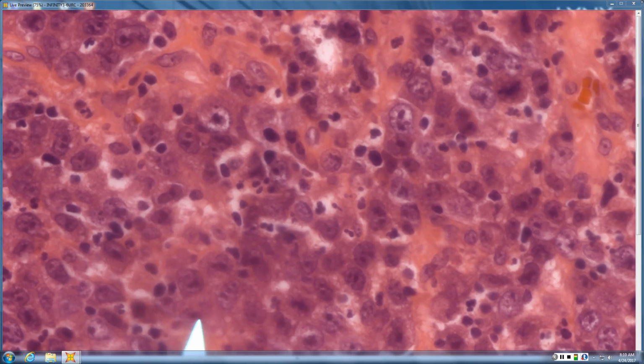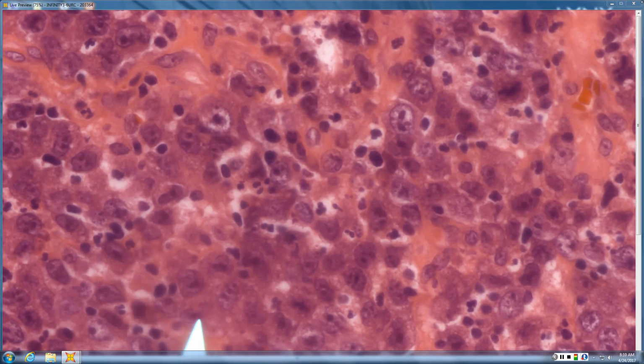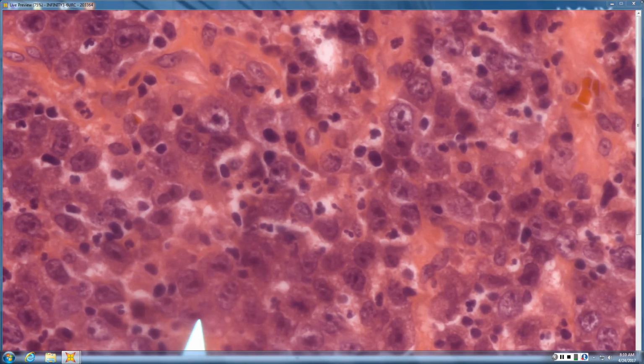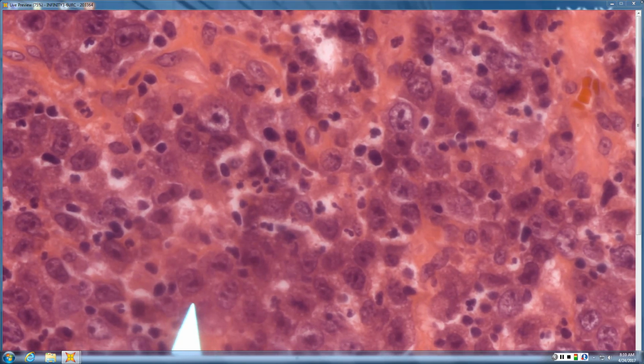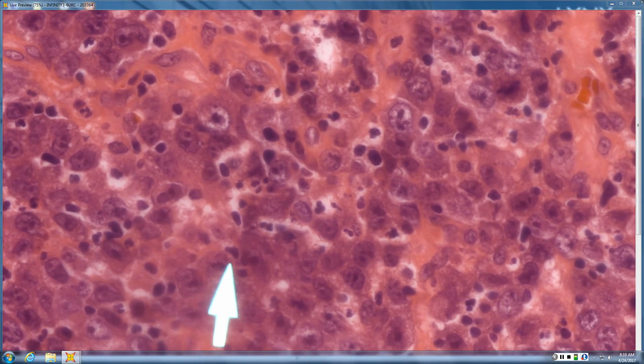The whole thing is gray all the way across. There's no white. The reason it becomes important is that large cell B-cell lymphomas tend to have a vesicular nucleus. This one has more gray chromatin and very prominent, large, irregular nucleoli.